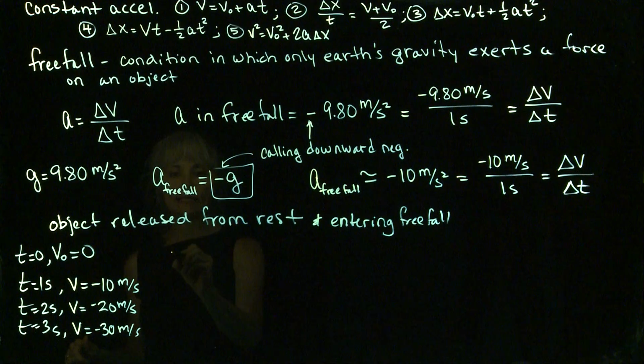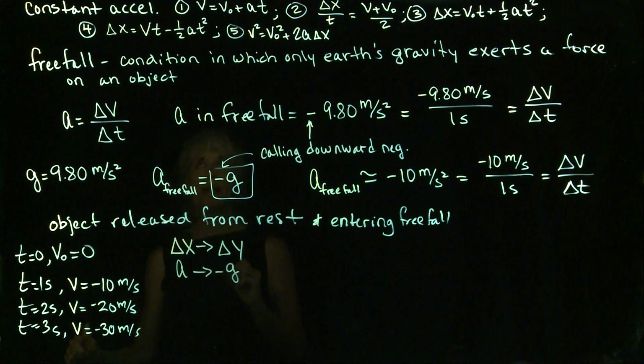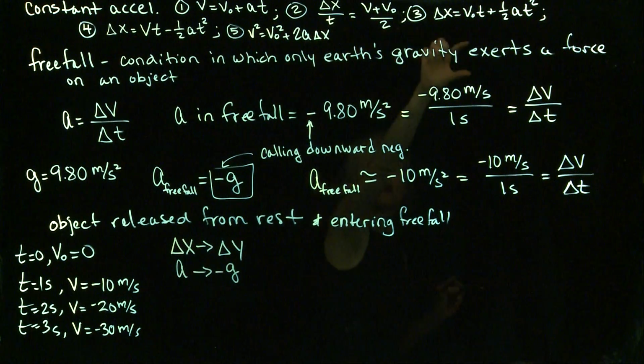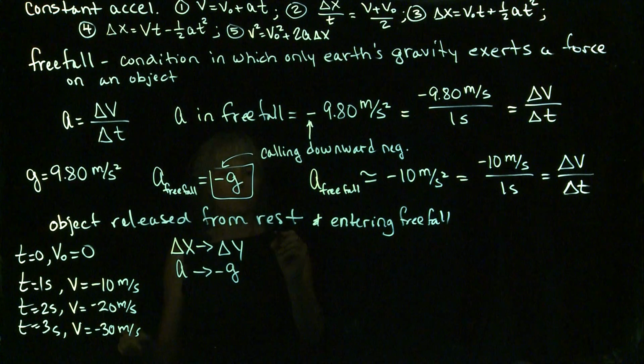So I'm going to let delta x go to delta y, and I'm also going to let a go to minus g. And I'm going to rewrite these 5 equations up here on the top, tailored specifically for free fall.